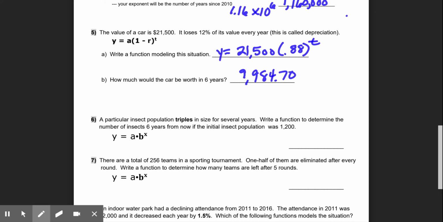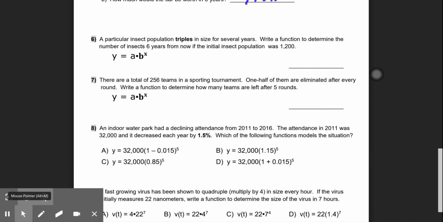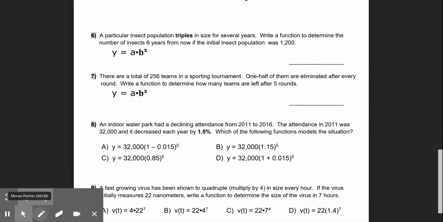Number 6, a particular insect population triples in size for several years.